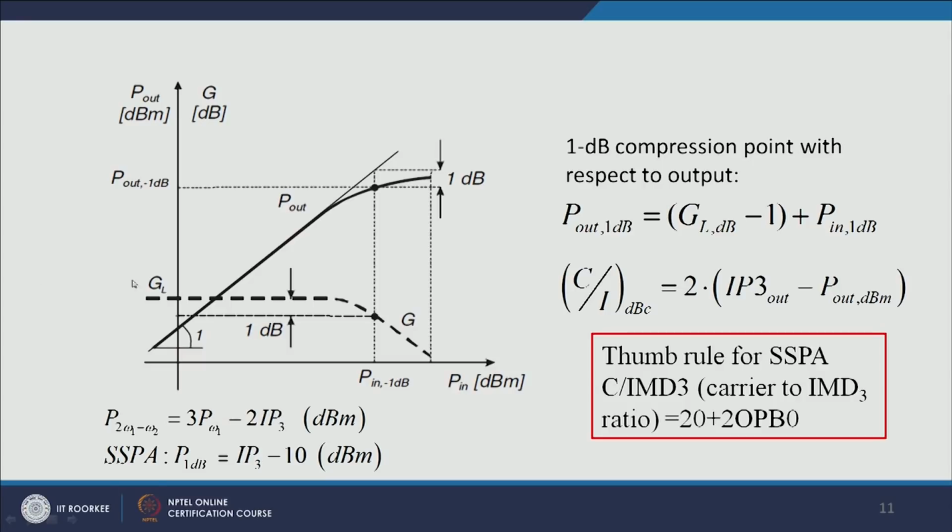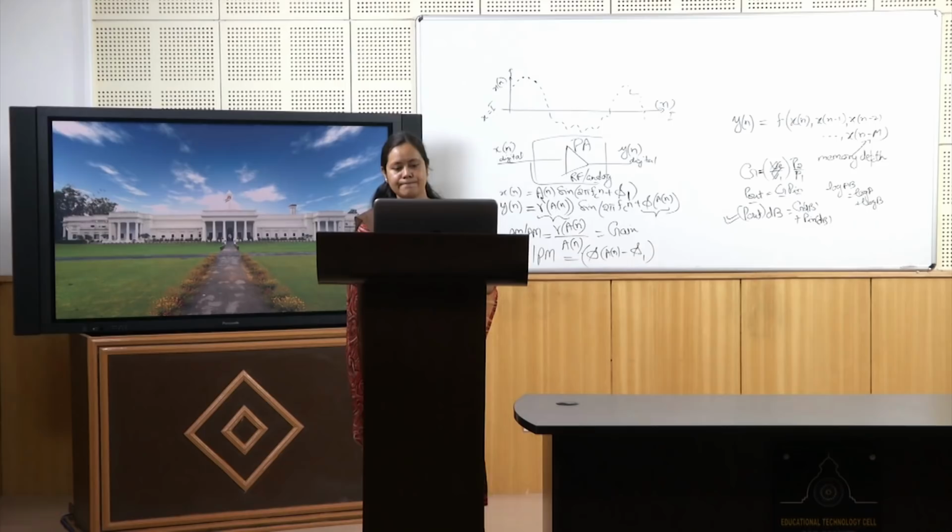Now, this small signal gain is the gain which was proposed for the linear range. That is why we are deviating from that gain by 1 dB, and we apply that formula to calculate our output power at the 1 dB compression point. This is an important point because normally it seems that we can simply add the gain to the input power. It will not be the case when we are calculating the 1 dB compression point.